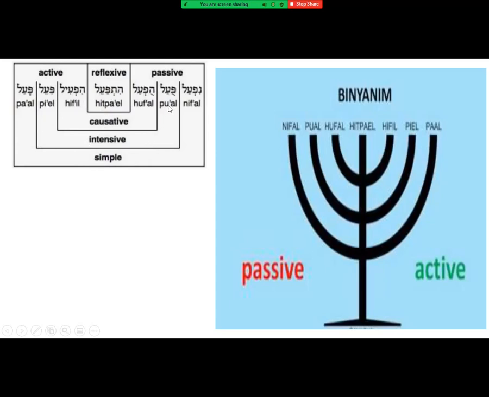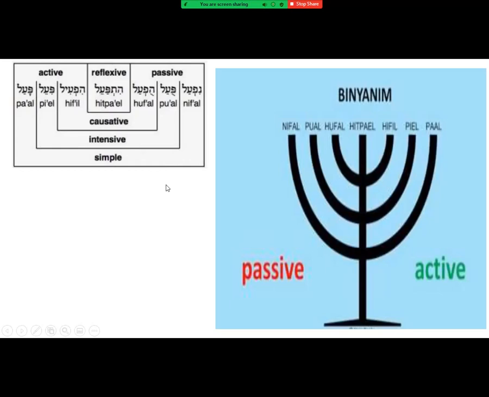Rather, this is it was broken, or it was damaged, or it was destroyed. Hifil would be I made, he told me to push it down the hill, he told me to break it or whatever, as opposed to someone told her to do it. Versus I hurt myself in this case.